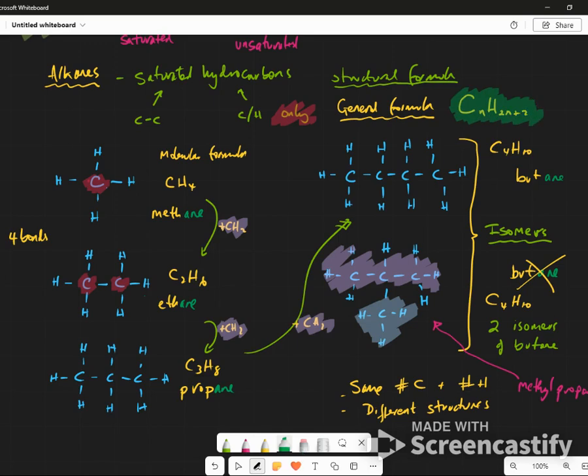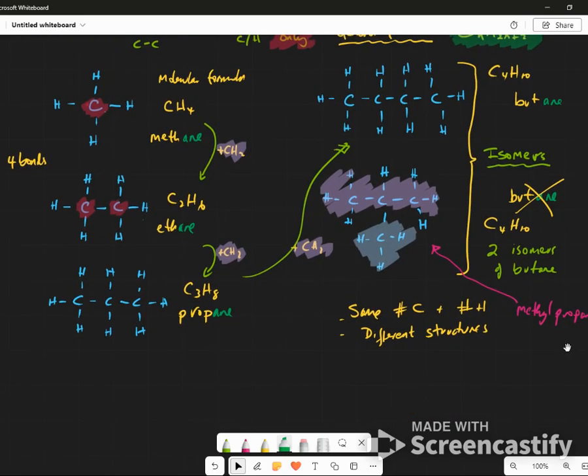So let's pick, what would the formula of decane be? Well, dec is 10, so it's C10. H2n, 2 times 10 is 20, plus 2 is 22.